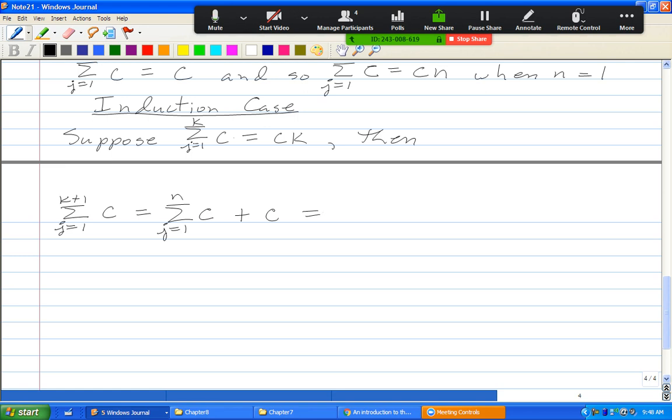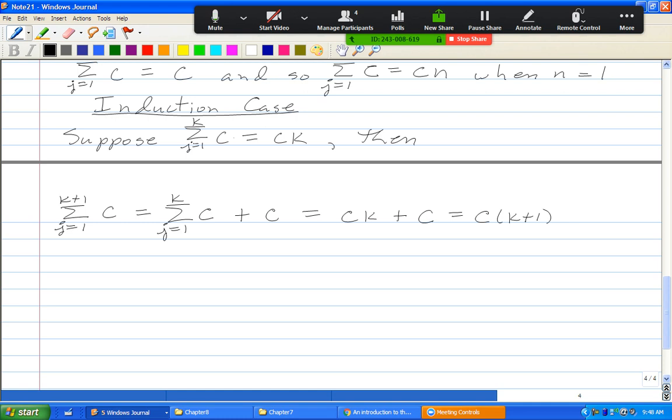But by the induction hypothesis, we have that this first term here is just, oops, why did I write n? Is just ck. Okay, 1 second. There it is. It's just ck plus c. Well, this is equal to c times k plus 1, and that's what we wanted to show.